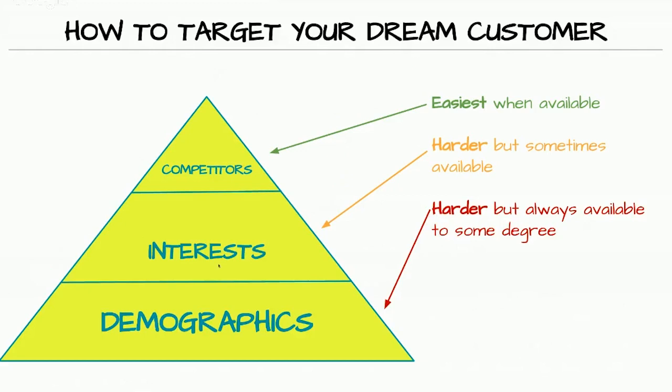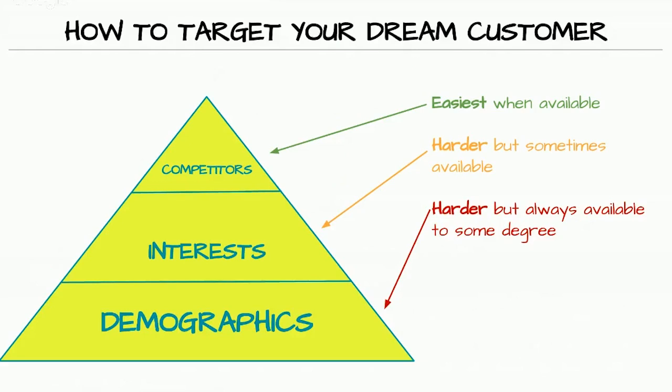Then you have interests, and interests are harder, sometimes available. A lot of times they are. So interests could be something like braces, or something very common, like flossing or something.